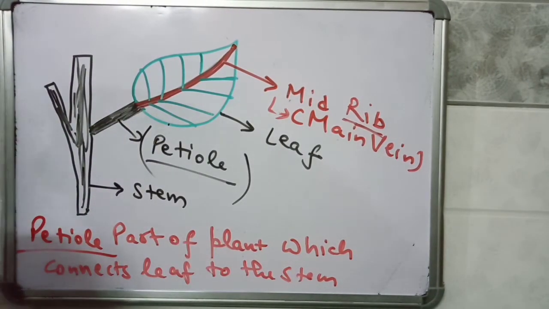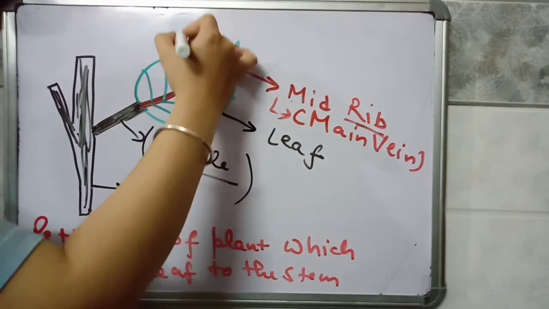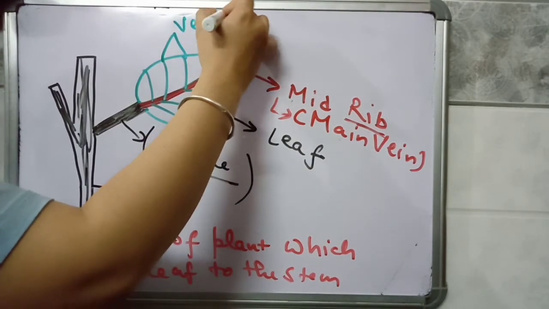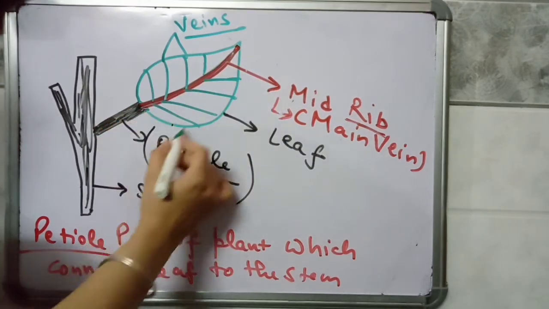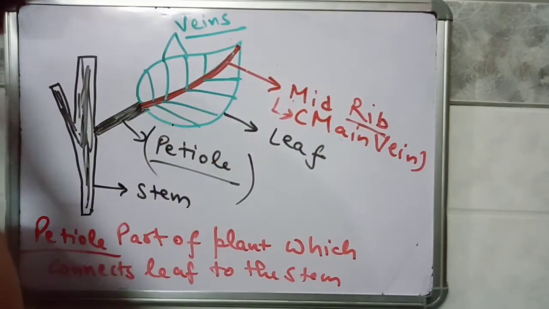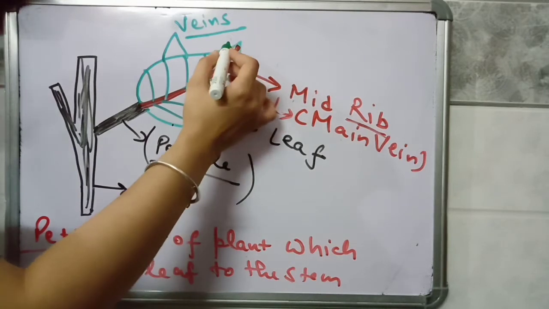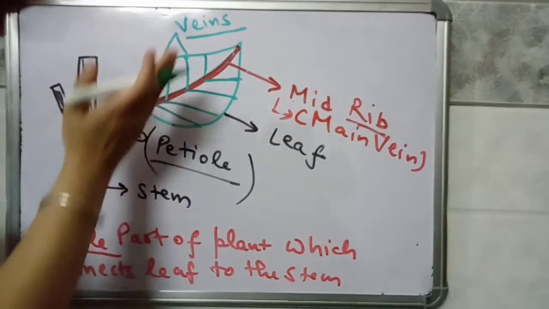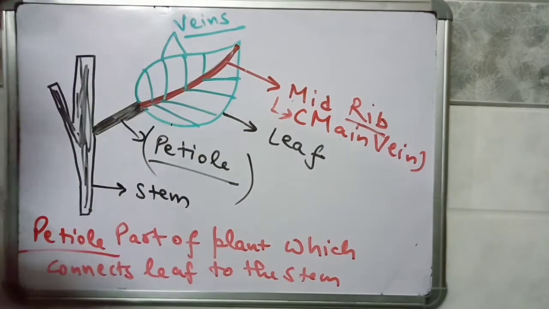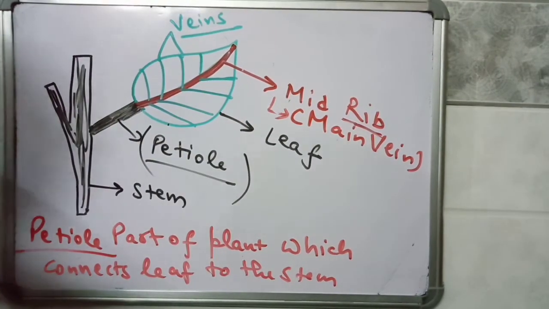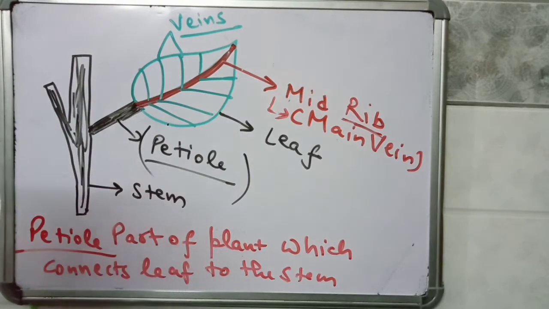These are named veins. The main vein almost divides the leaf into two parts; one half is this portion, the second half is this portion. Its function is to support the leaf.